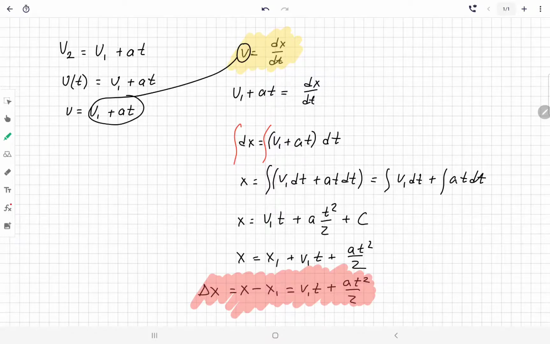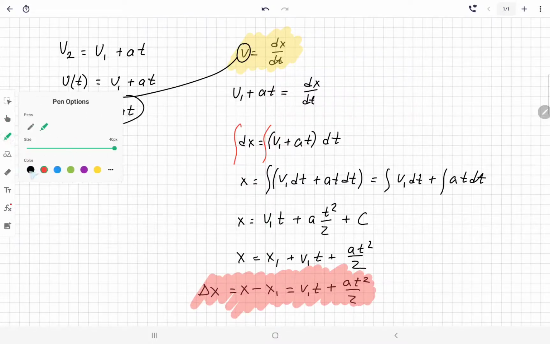Let's see what kind of formula we have. If we pay attention, here there is no information about distance, displacement. Here there is no information about final velocity. So let me combine these two equations and let's see what we can get.